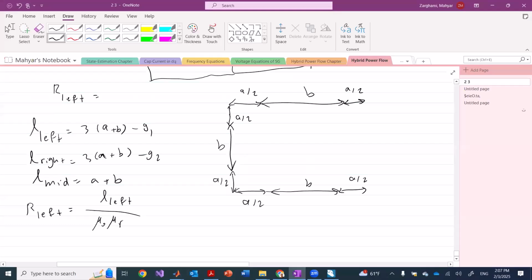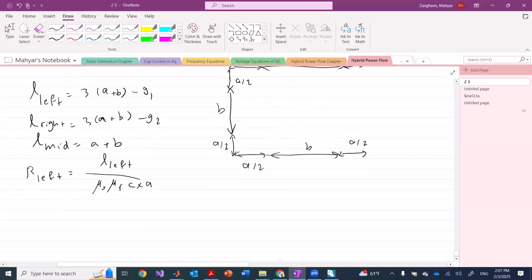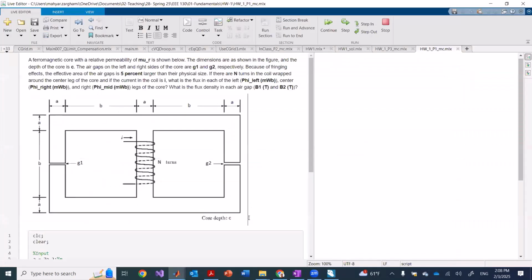On the right side, that would be similar, mu 0 mu r times CA. In the middle part, mu 0 mu r, that would be again CA.